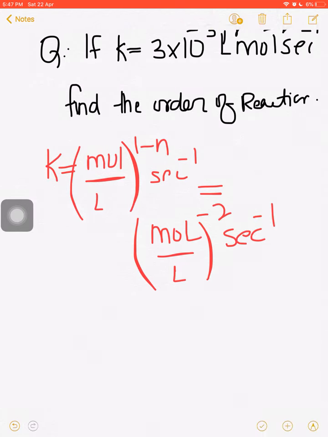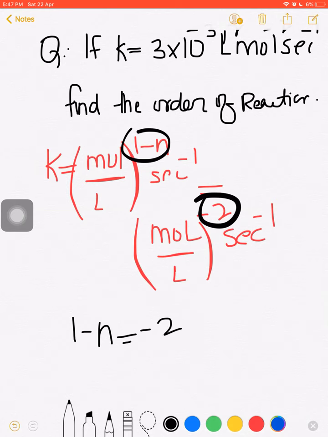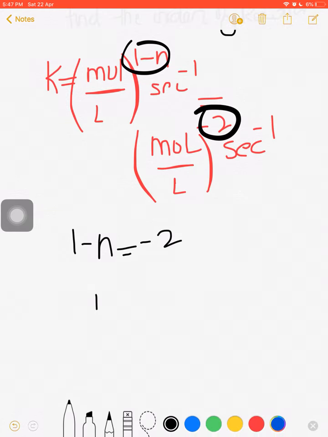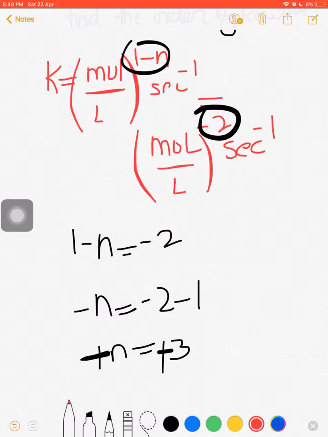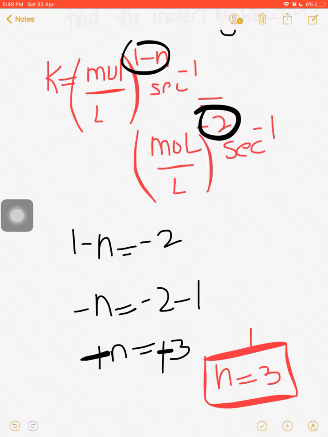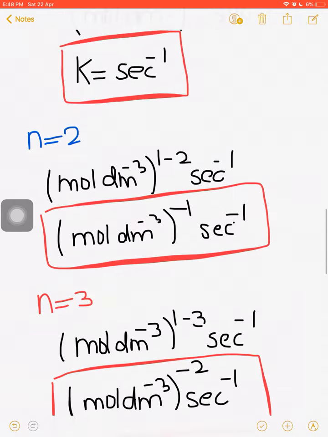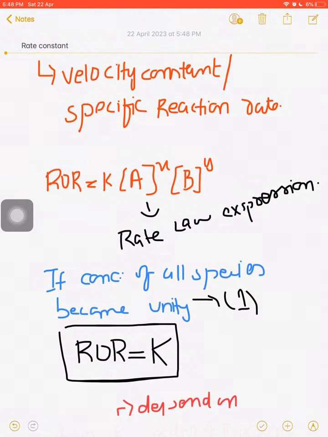In these, everything is the same except this value, so put 1 minus n is equal to minus 2. Now n is equal to minus 2 minus 1, so n is equal to 3, minus both cancel, right? This is how you can find the order of reaction, but you can also find it by looking at just the unit of k. I hope this is clear to you. If you have any queries, you can ask me in the comment section. We'll be very glad to answer you guys.